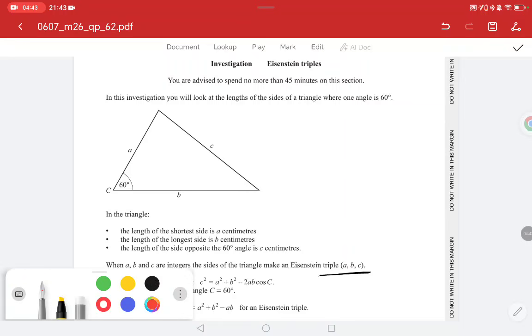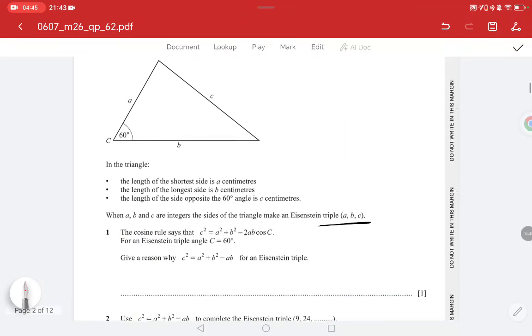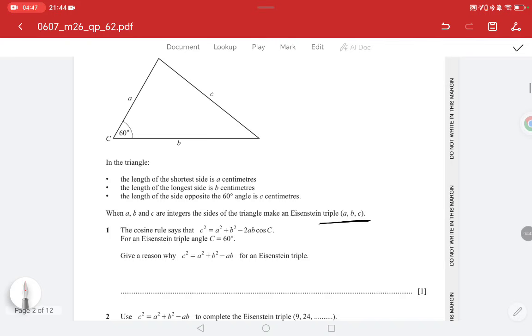Then they said that the cosine rule says c squared equals a squared plus b squared minus 2ab cosine C. This is the cosine rule, which you already know. For this triangle, when C equals 60, give a reason why the formula will be in that way.